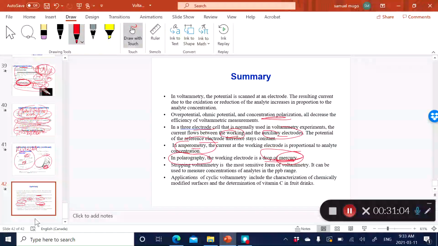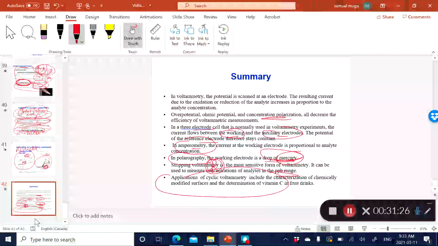Now, we also talked about stripping voltammetry. Please pay attention to that. Stripping voltammetry, very, very good when you're doing trace analysis. Why? You can do pre-concentration. And lastly, we talked about cyclic voltammetry and how it can be used not only quantitatively, but also qualitatively to characterize different types of electrode nanomaterials out there.